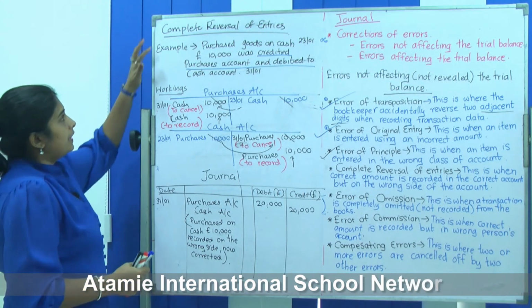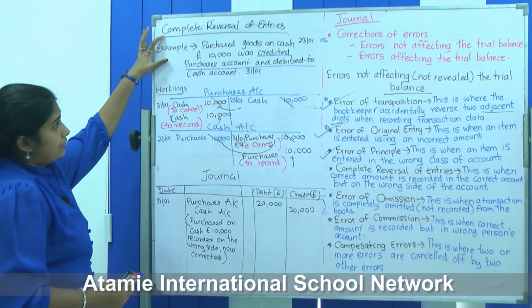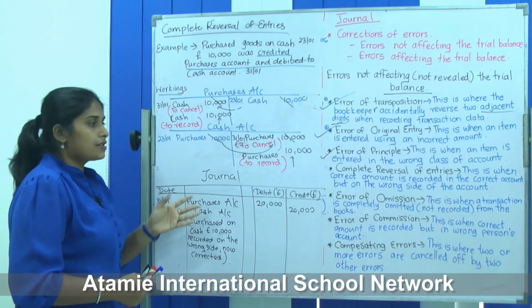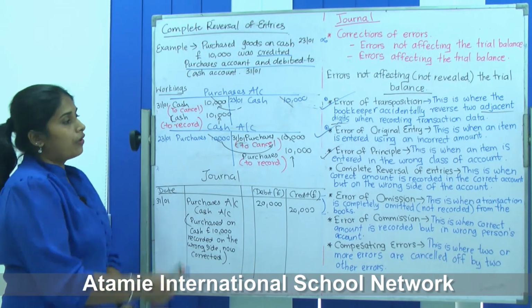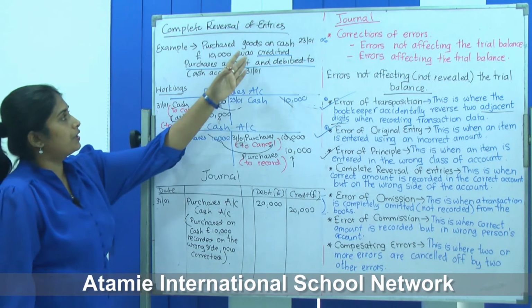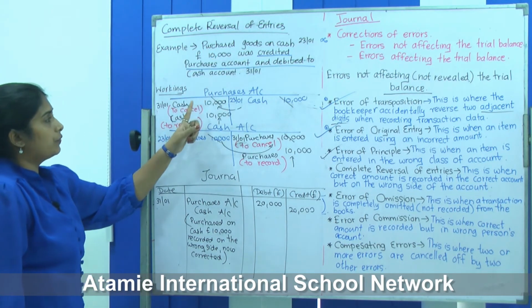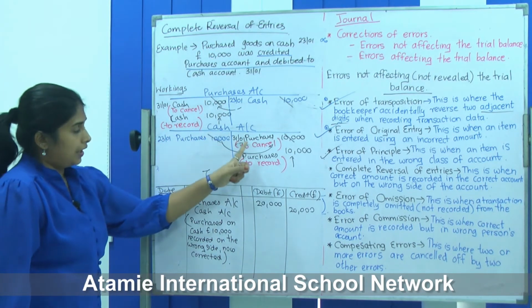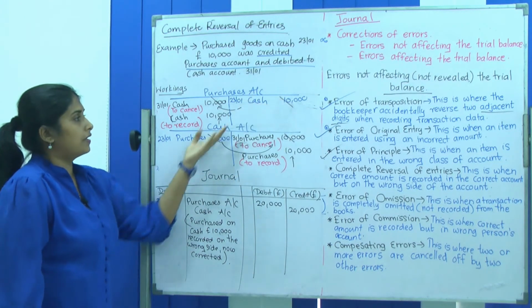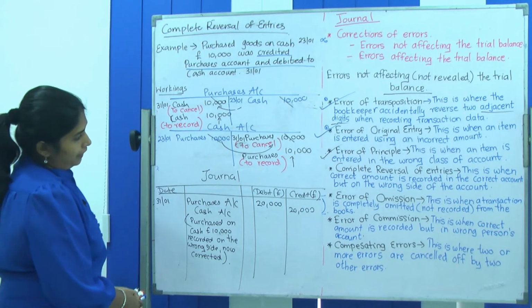So a complete reversal of entry means where you record the correct amount in the correct accounts but on the wrong side of the accounts. Here you purchased 10,000 where you have to debit purchases and credit the cash account, but instead the bookkeeper has written on the wrong side.